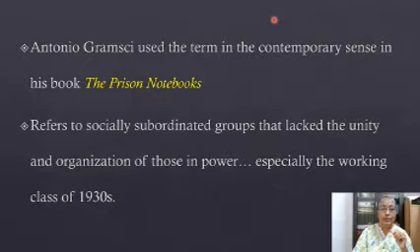So the term subaltern got its present meaning from the day Antonio Gramsci used that word in his prison notebooks. So it is from there the term comes to the modern situation.